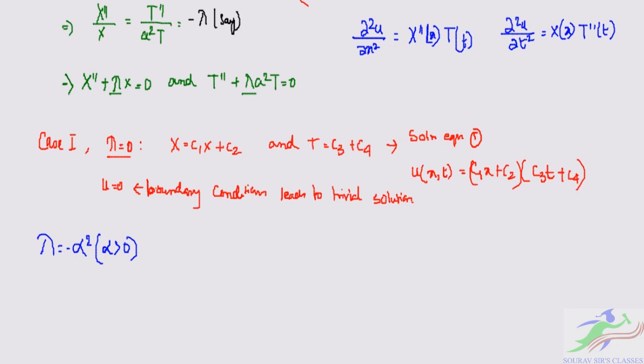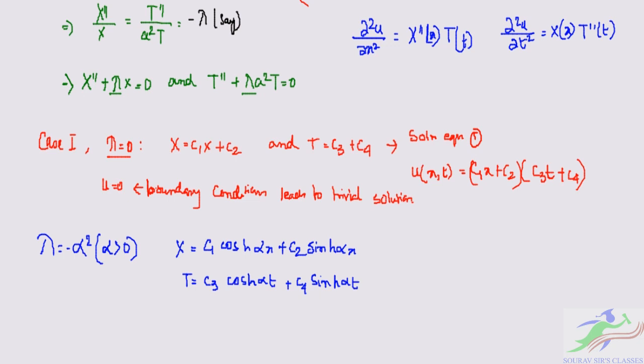Then X will be c1 cosh alpha x plus c2 sinh alpha x, and T will be c3 cosh alpha t plus c4 sinh alpha t.